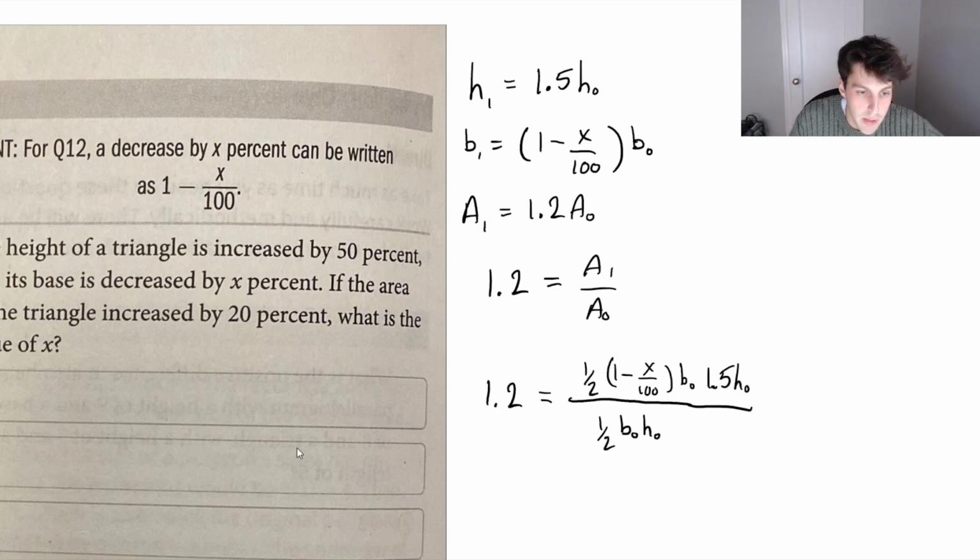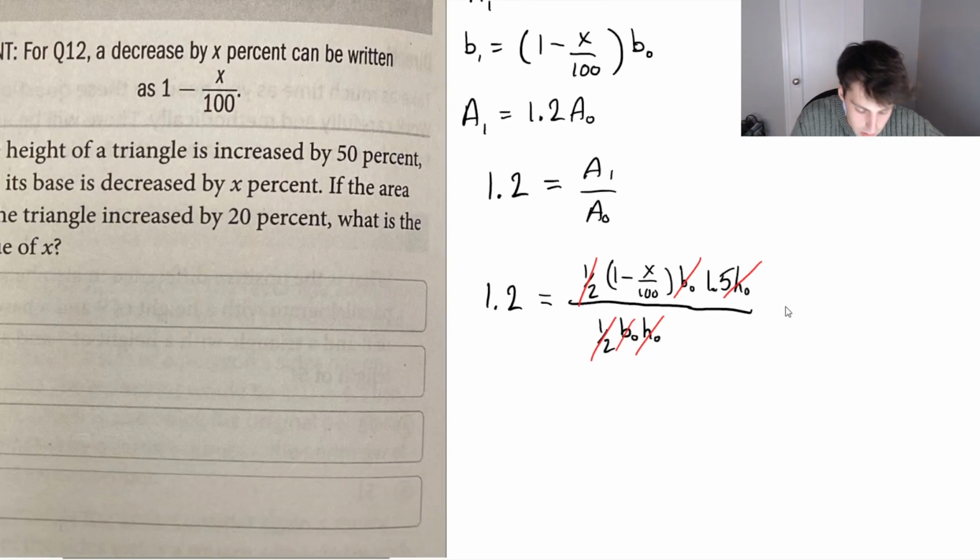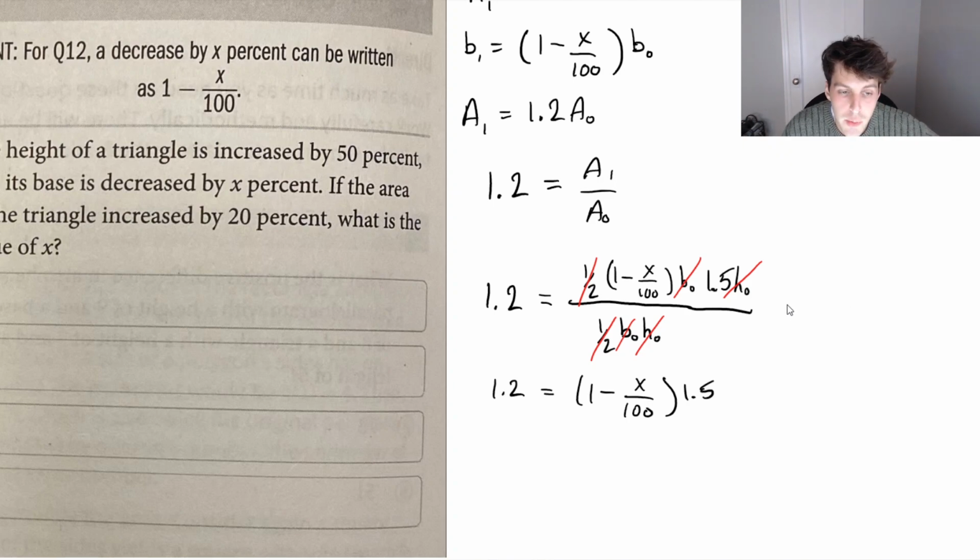I've just got a bunch of multiplication. My halves cancel out, my b naughts cancel out, my h naughts cancel out, and I'm left with this nice, easy to solve equation. 1.2 is equal to 1 minus x over 100 times 1.5. And now I've just got a single equation with one variable.